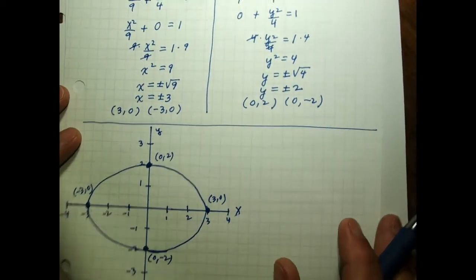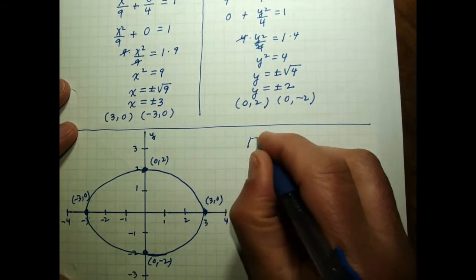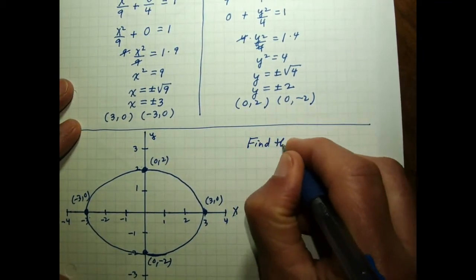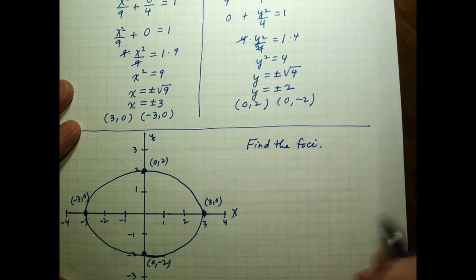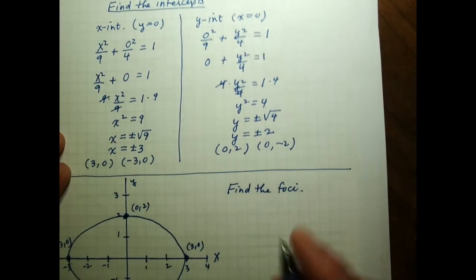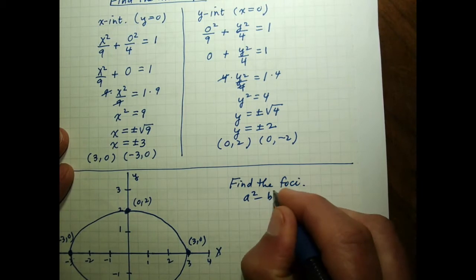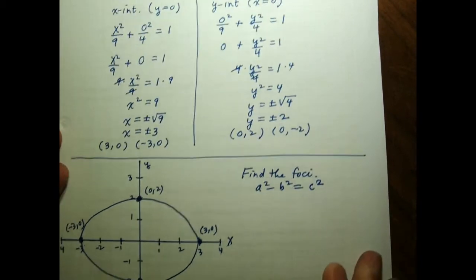But now we need to find the foci. And to do that, we got to make use of that a squared minus b squared equals c squared equation.